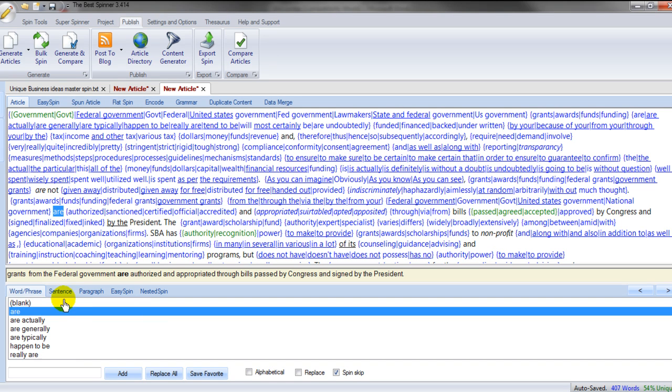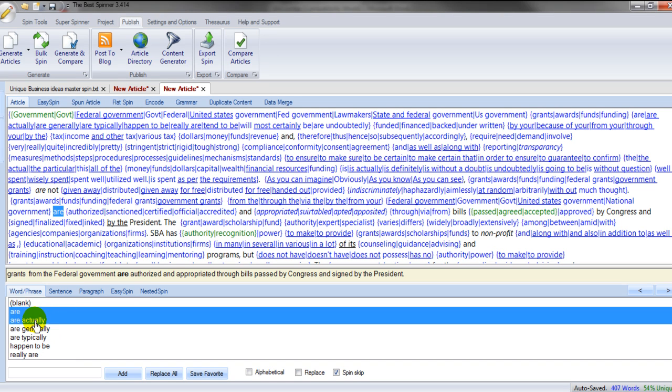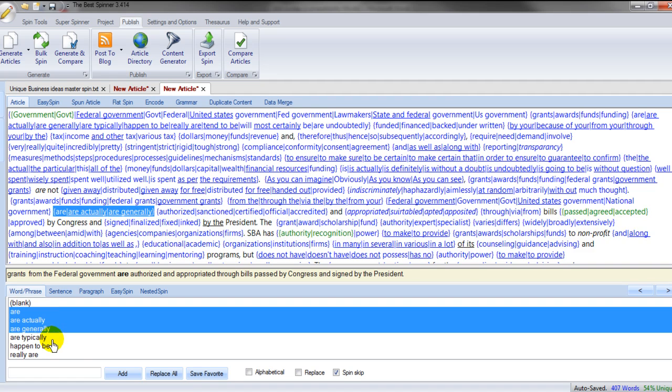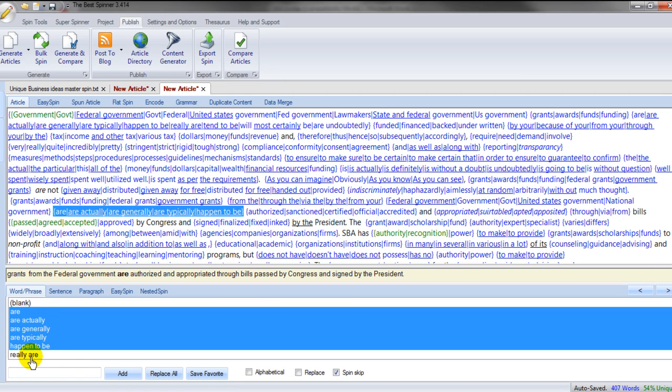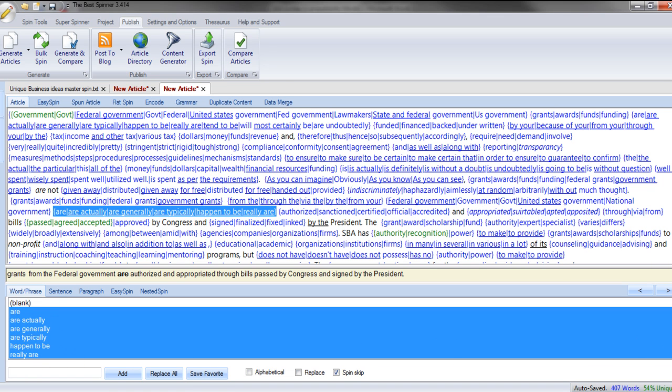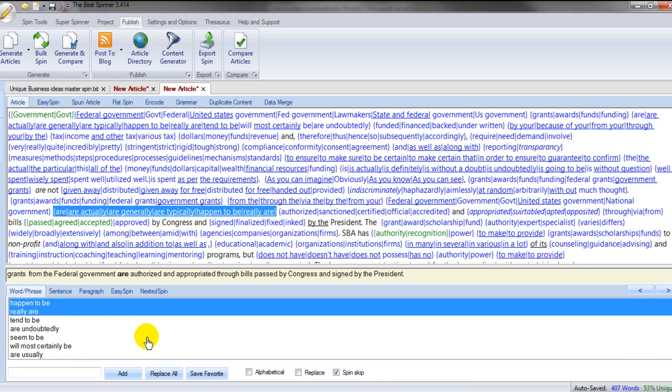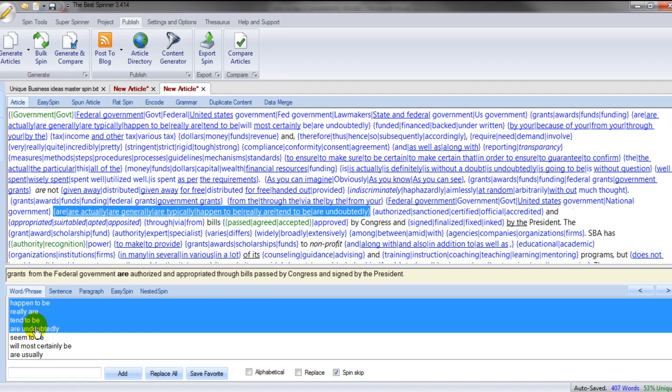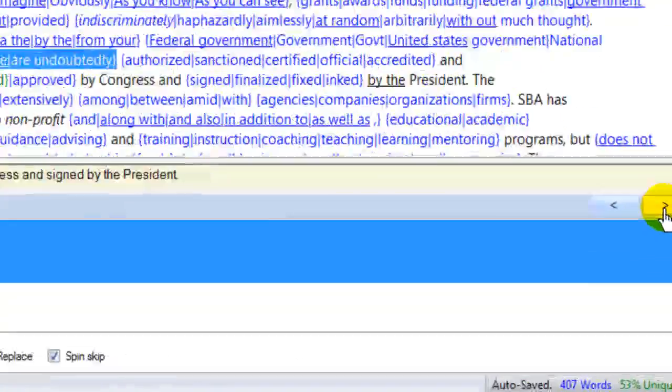So you can actually have synonyms for "are": actually are, generally are, typically are, happen to be, really are. It's another way to make this article more unique, even by using a simple word like "are." Tend to be, are undoubtedly. Hit this arrow key again once you have enough words there.